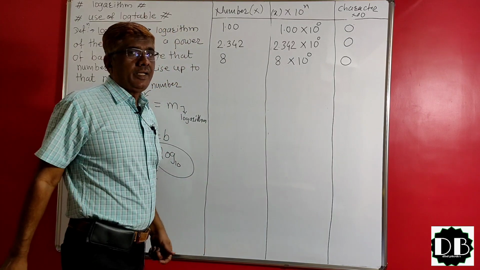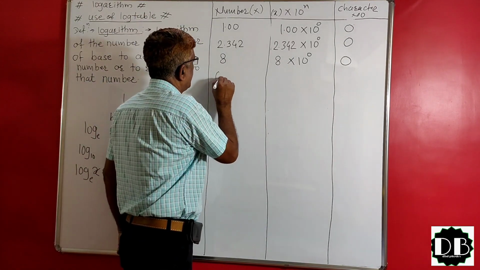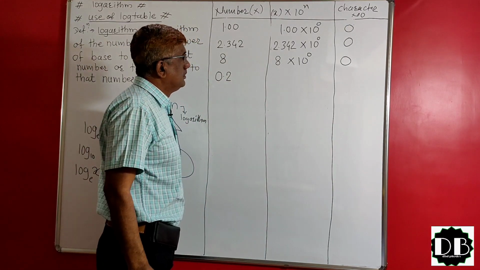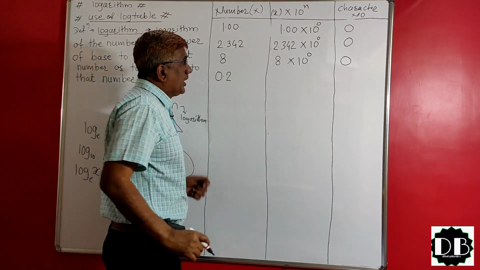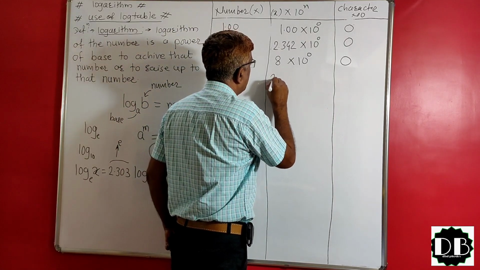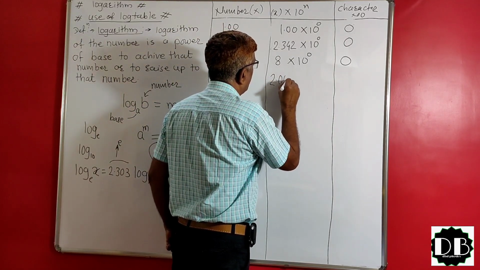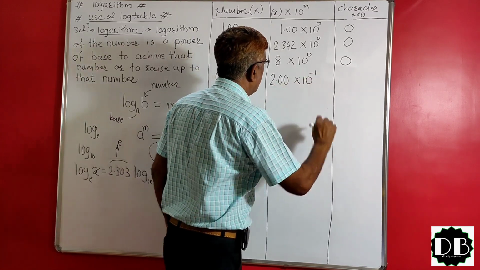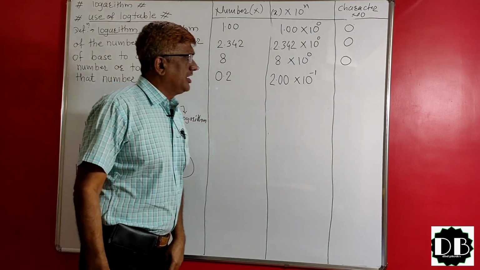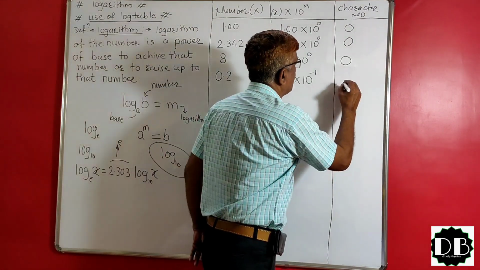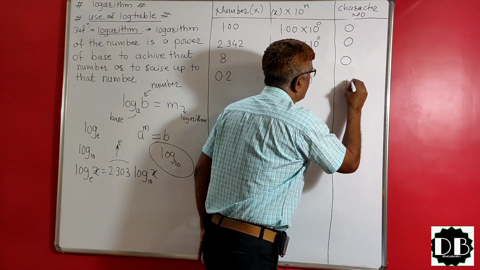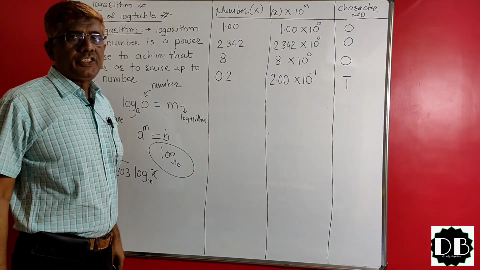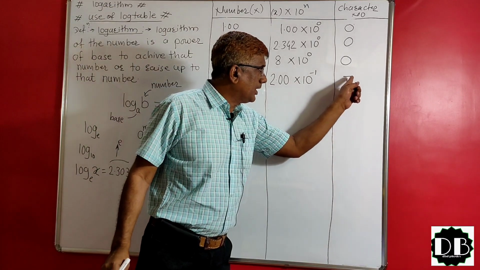But suppose that our number is 0.2, then we can convert it into 2.00 into 10 raised to minus 1. That's why the characteristic number is minus 1, but we always write minus 1 in this way, 1 bar. Always use the negative sign at the top of that number.